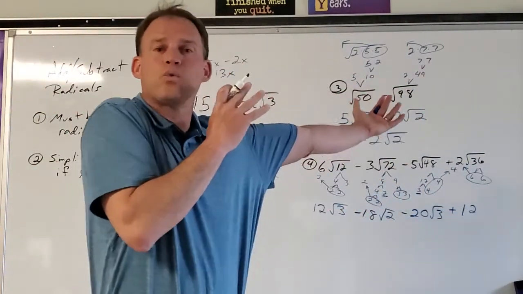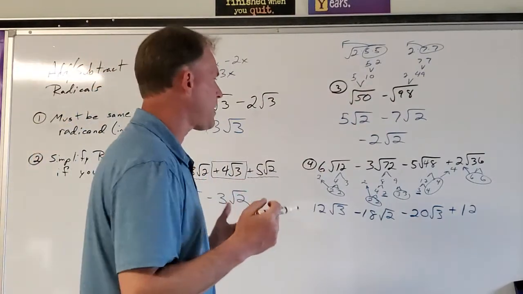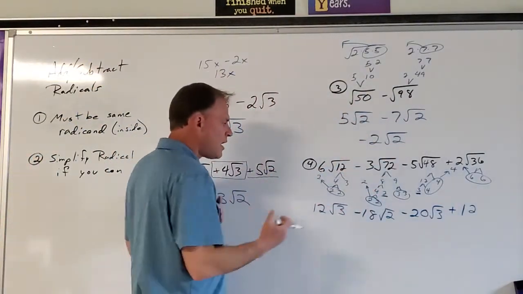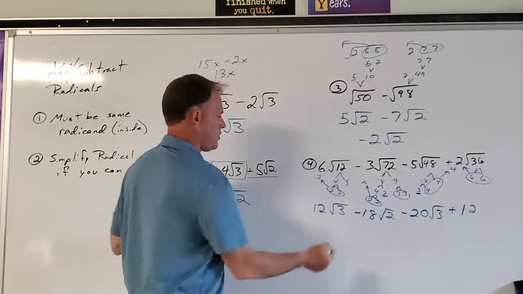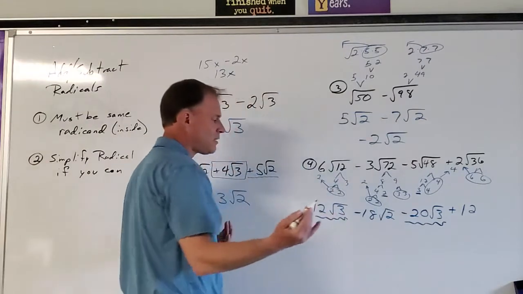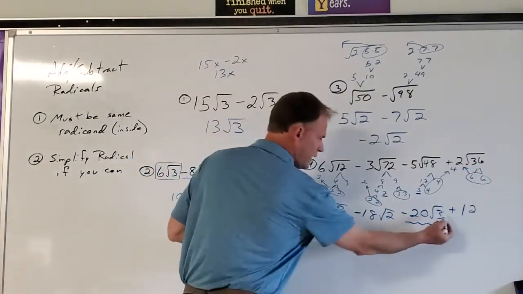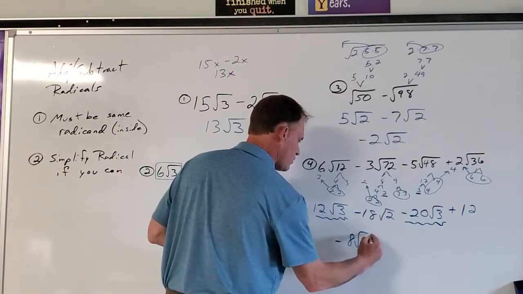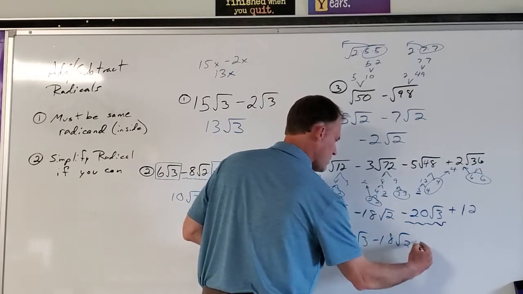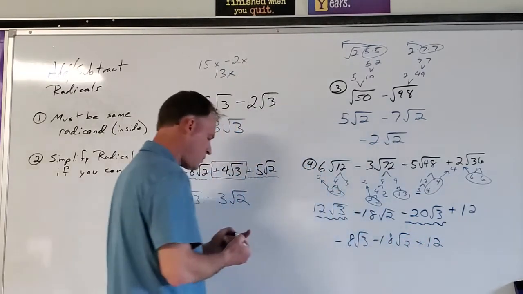Everything's getting out. All right? However you want to think about it. It's a perfect square. 6 times 6 is 36. It works. Do we have any like terms now? Yeah, sure we do. And that's it. That's fine. 12 root 3 would be negative 8 root 3 minus 18 root 2 plus 12.